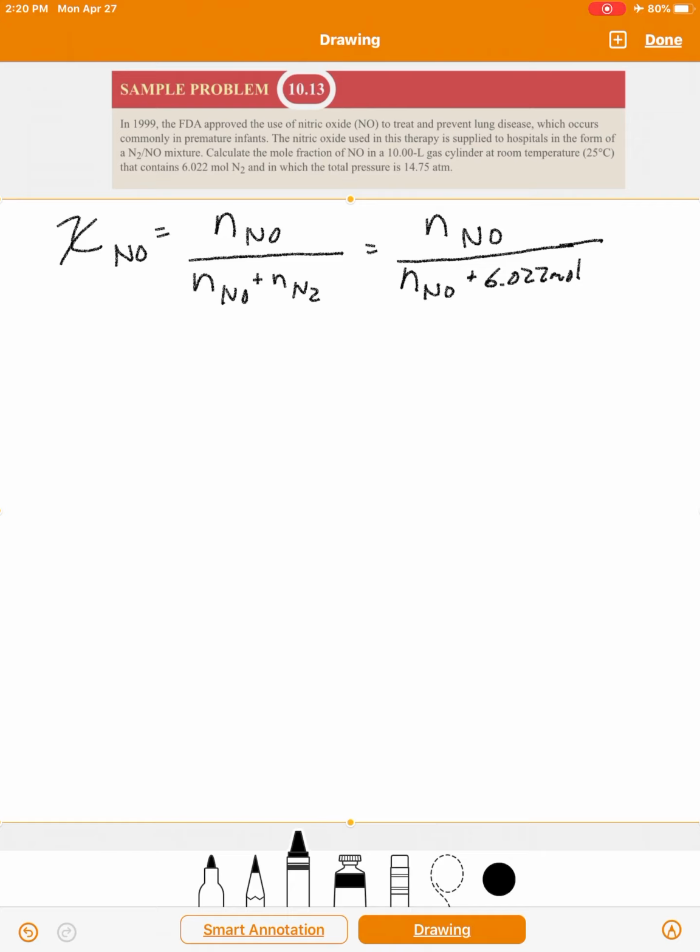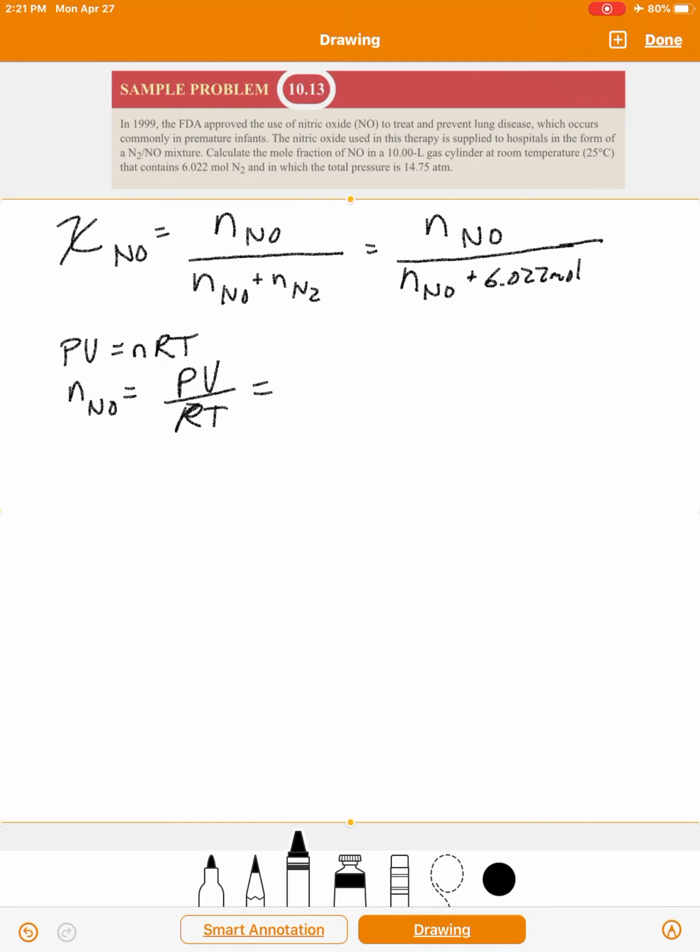So we just need to find the moles of NO, and this is a pretty straightforward ideal gas law. PV equals nRT, right? We want to find the moles of NO, so that would be PV over RT. The pressure is given, 14.75 atmospheres.